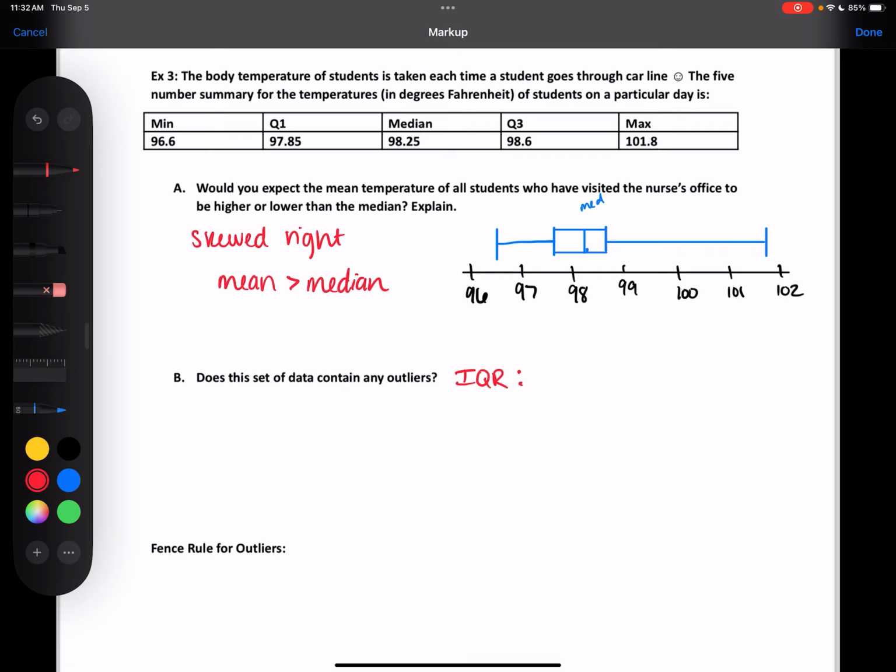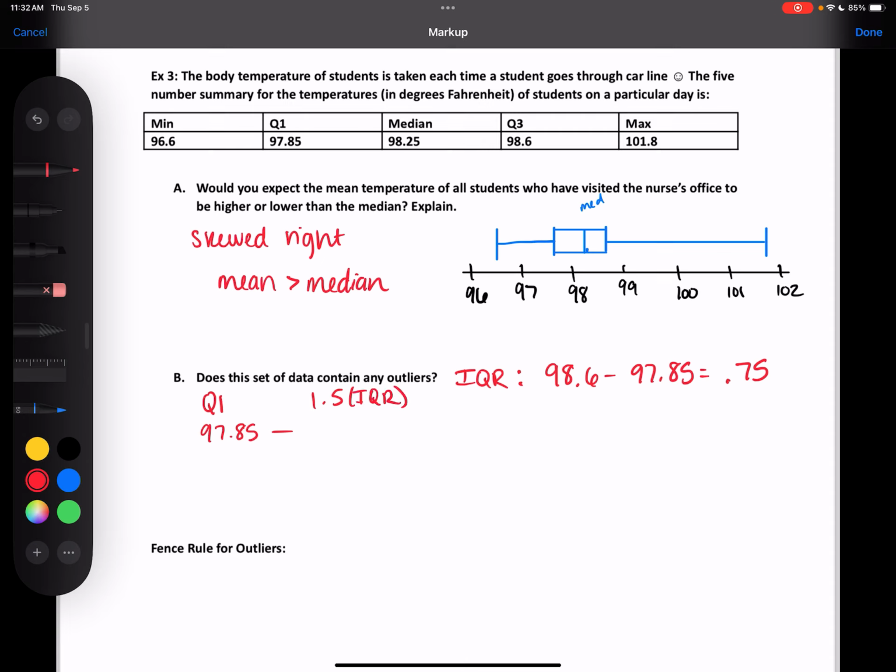Alright. IQR is Q3 minus Q1, so 98.6 minus 97.85, which is 0.75. So we want to find out if there's any outliers, so I need that. For my lower fence, I do Q1, which is 97.85, minus 1.5 times IQR.